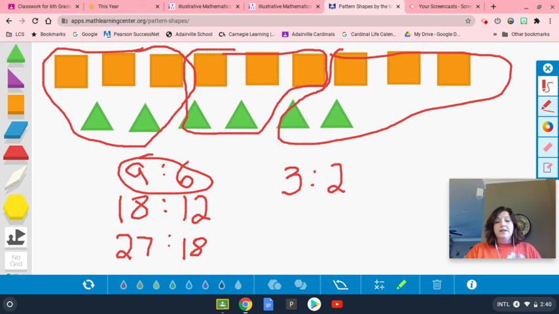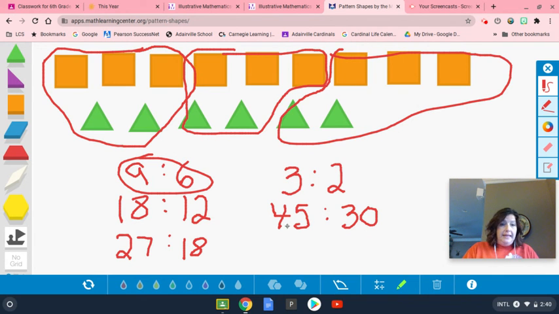If I wanted to find another equivalent ratio, I'll go back to my original, and I want to think about multiplying these both by 5. 9 times 5 is 45. And 6 times 5 is 30. Instead of using the 9 to 6 ratio, I could also use the 3 to 2 ratio.